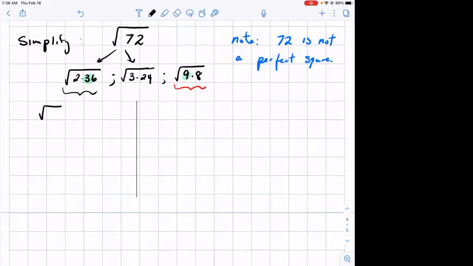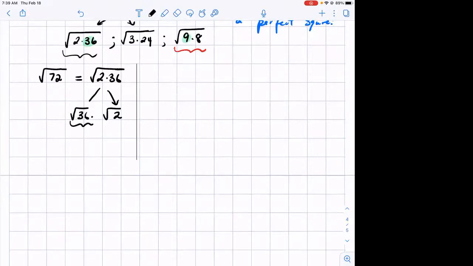So the square root of 72 is the same as the square root of 2 times 36. And this you could write as the square root of 36 times the square root of 2. The square root of 36, you know, is 6, so we end up with 6 root 2. So here is our final answer.